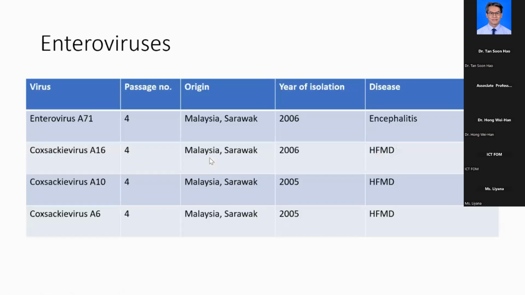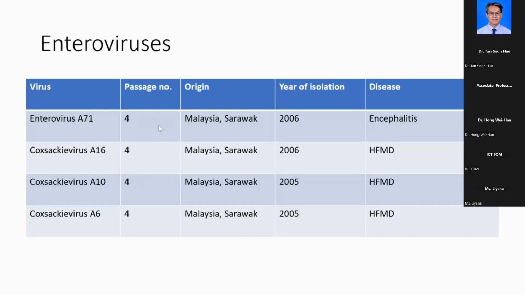Now to the viruses that we use. We use four different enteroviruses. Of course, we use enterovirus A71, and this is the passage number. Passage number means how many times we have grown the virus in vitro, in cell lines. As everyone is aware, the more passaging you go through, the more the virus will tend to mutate. So sometimes their characteristics may not be the same as when they were first isolated.